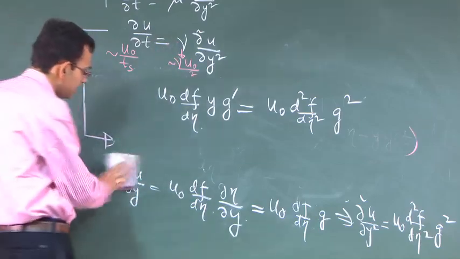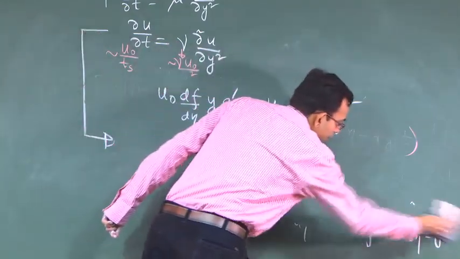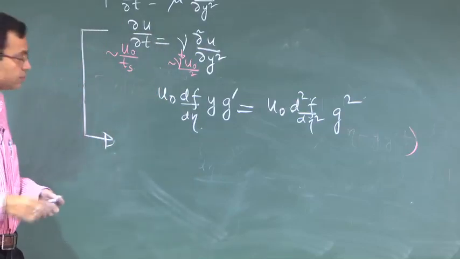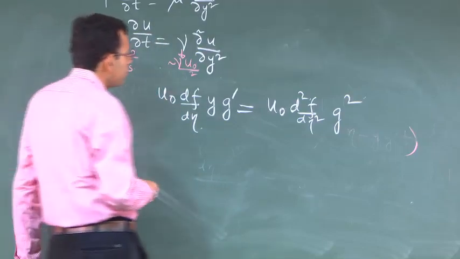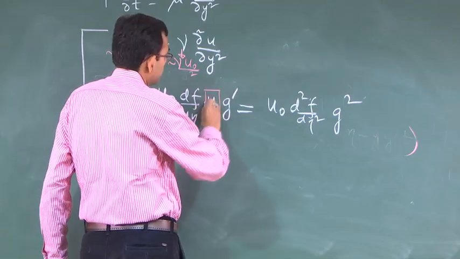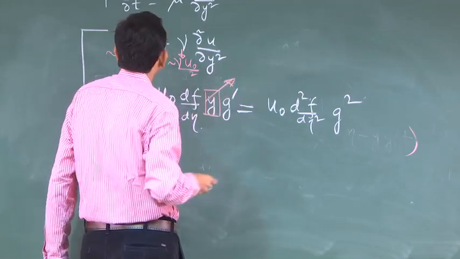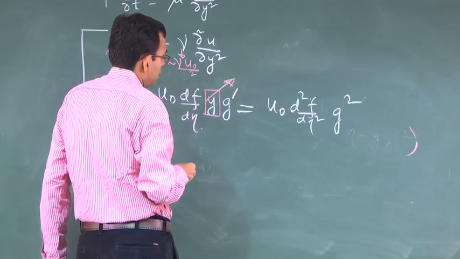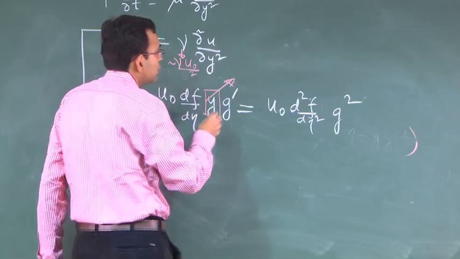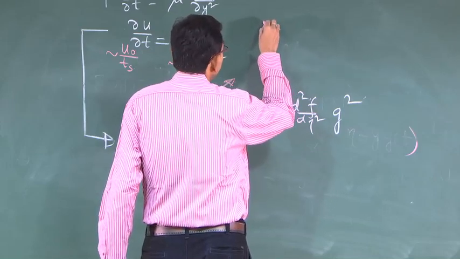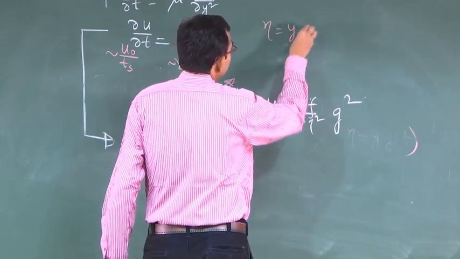So, I will erase the remaining part. In place of y, we can write, what? So, you can write eta is equal to y into g.